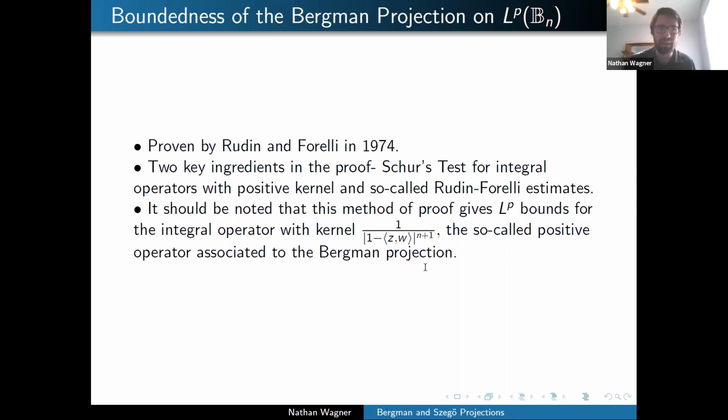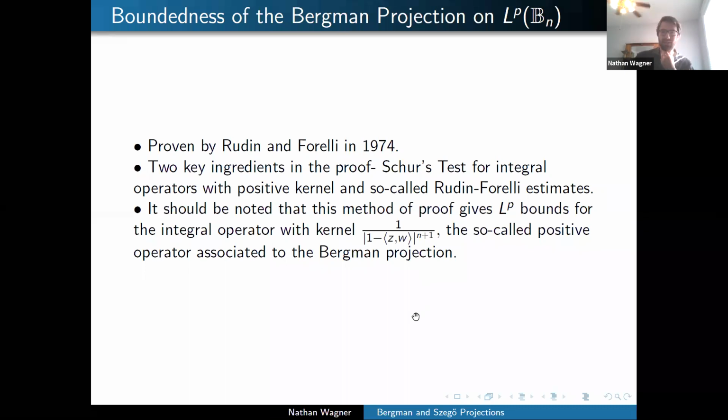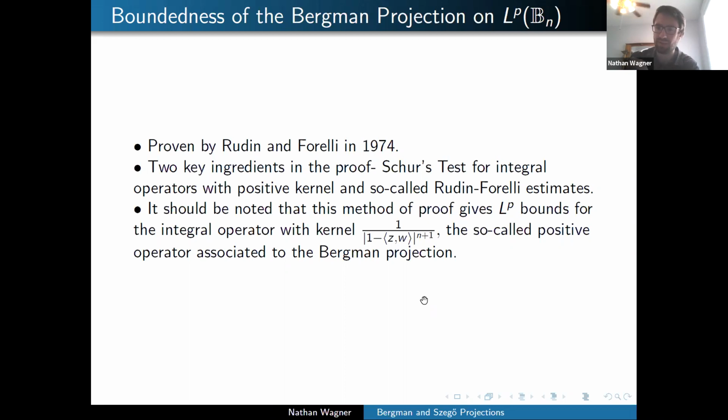If you prove bounds for the positive operator, it's pretty easy to see that implies bounds for the Bergman projection itself. And this is something interesting about the theory of these operators: in every case we know, the boundedness of the ordinary projection is equivalent to the boundedness of the positive operator, which is kind of interesting.